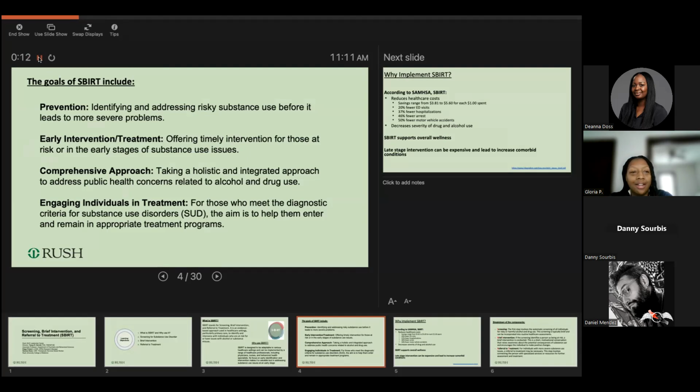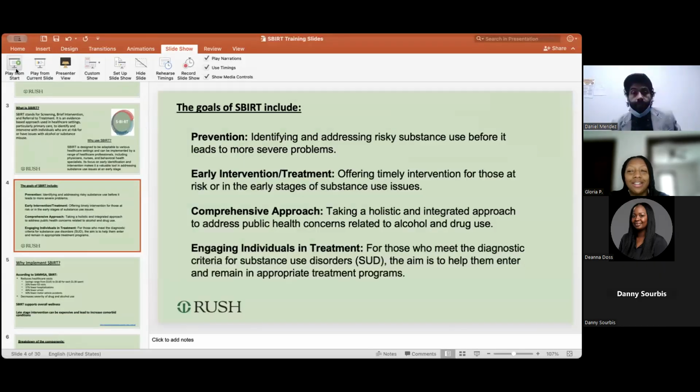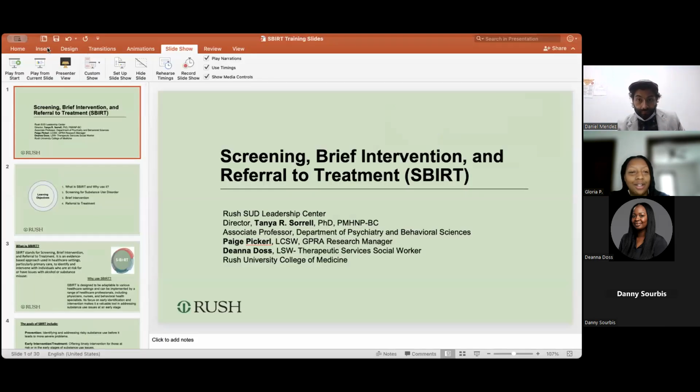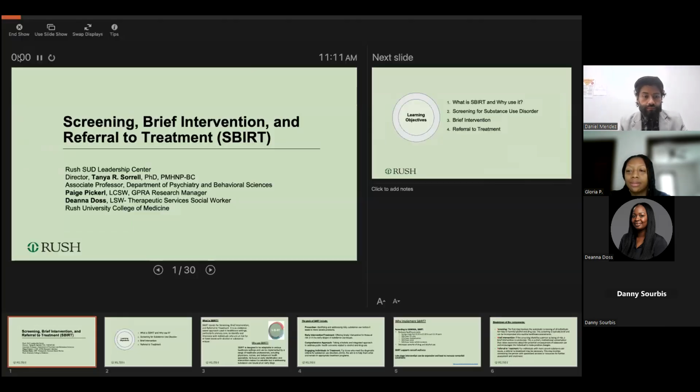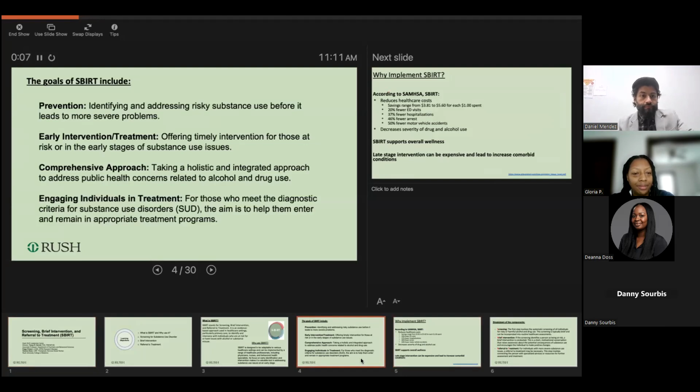Okay, so you only see one screen. I can still see the next screen coming up, but yeah, it's in presentation mode. Okay, sorry, I don't know what is going on with this. Okay, you know what? We'll just keep going. Sorry. That's okay. So we went on that.